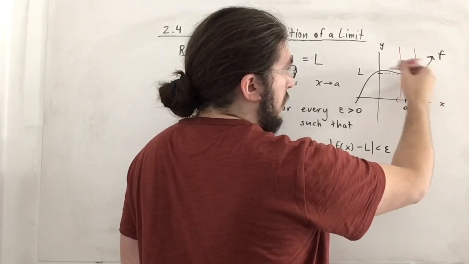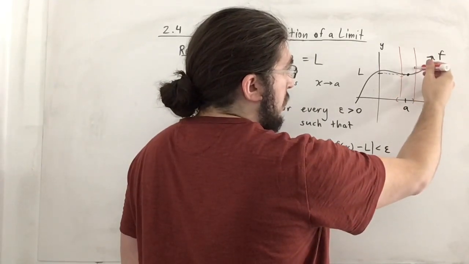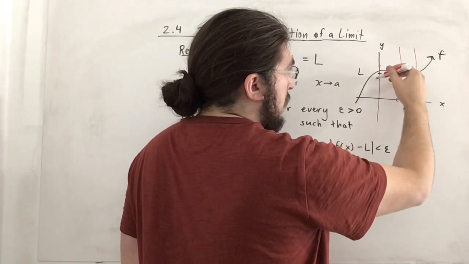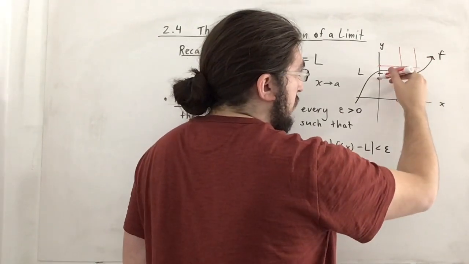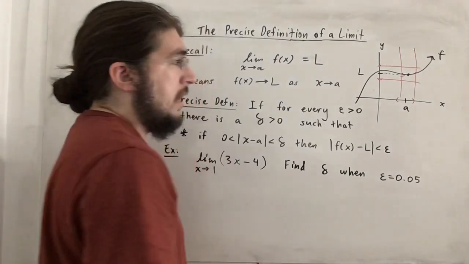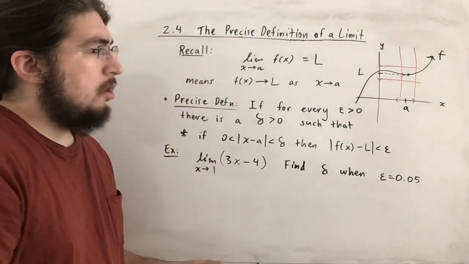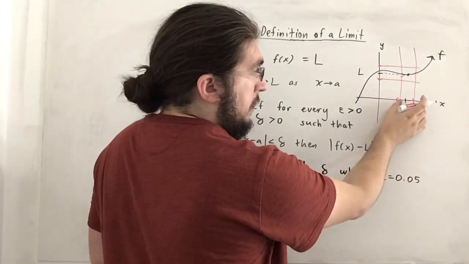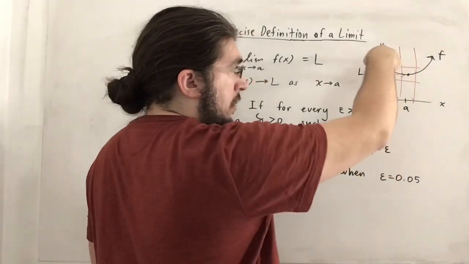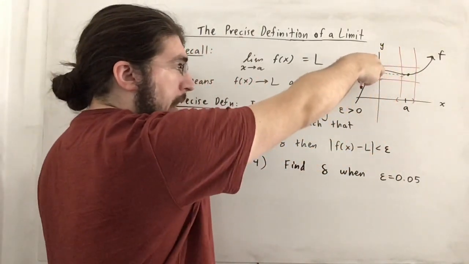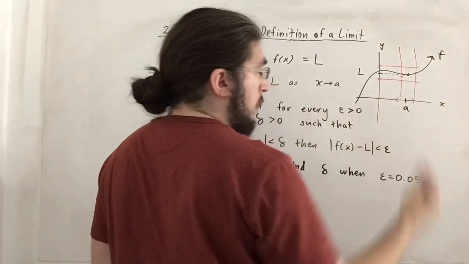It can be the lowest point, let's say, which I know sounds weird, but basically there exists a closeness of L given a closeness on a. So depending on how close you want to be to a, we can find a certain closeness about L where we hone in on the limit.